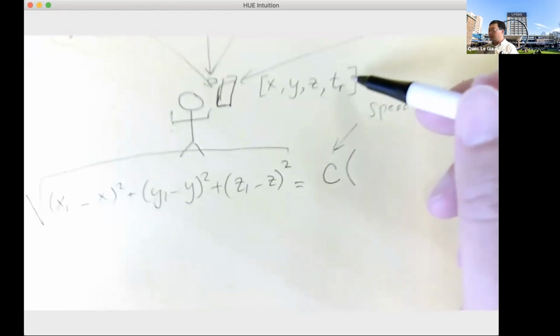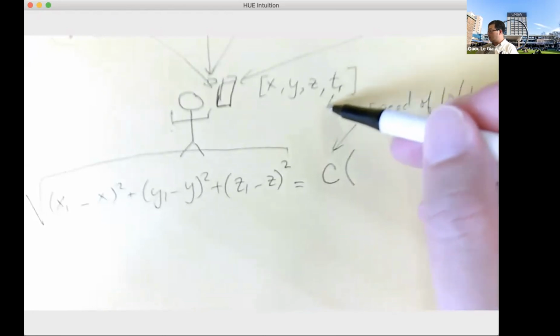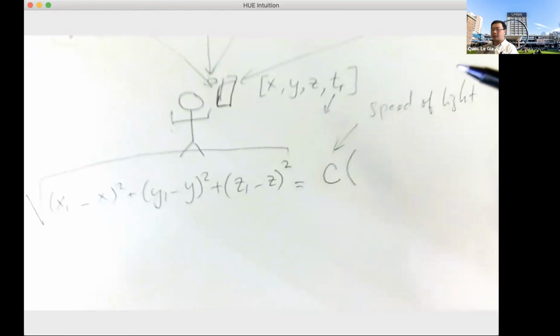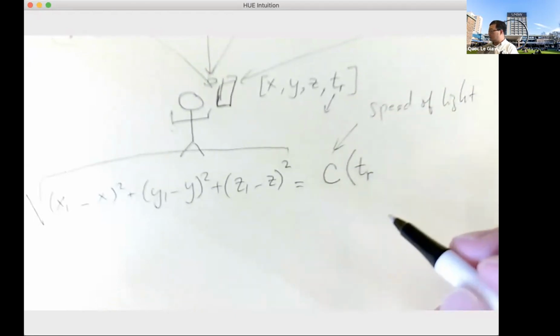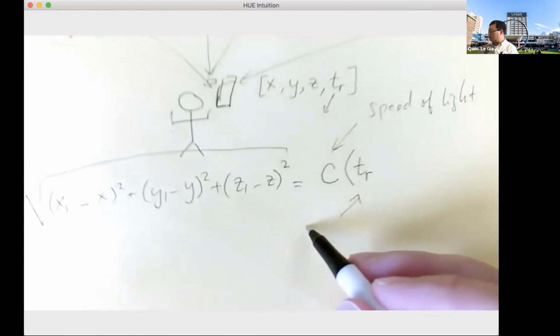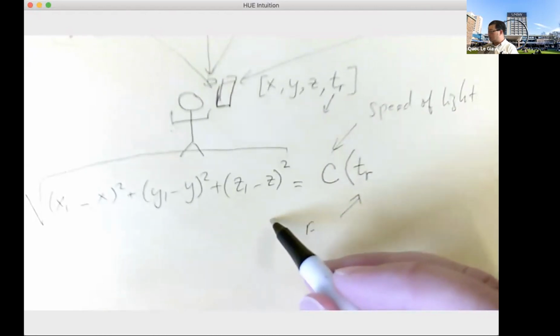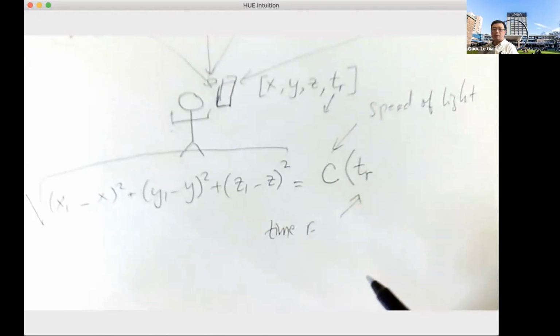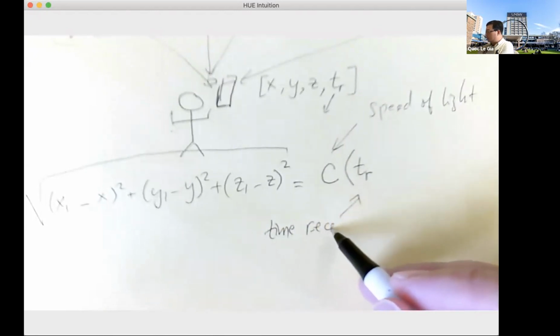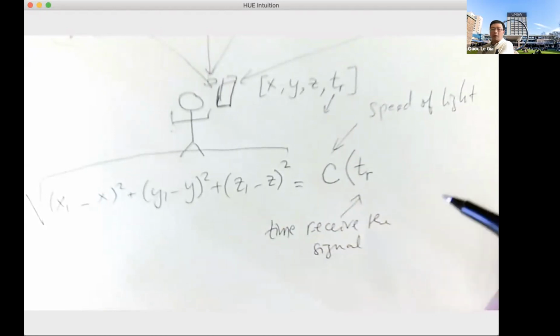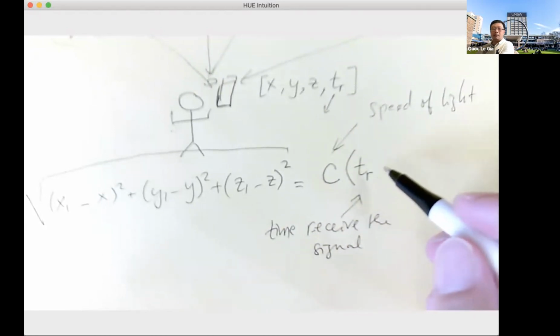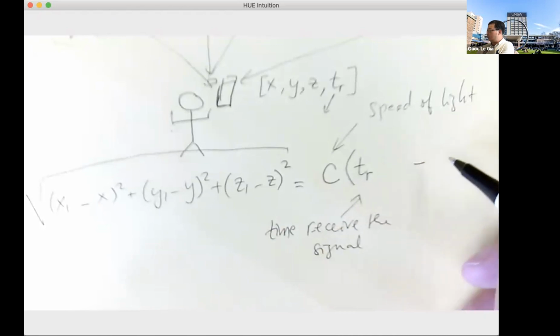So this one is the time you receive the signals from the satellite, the receive time, minus the time the signals were sent, so t1.